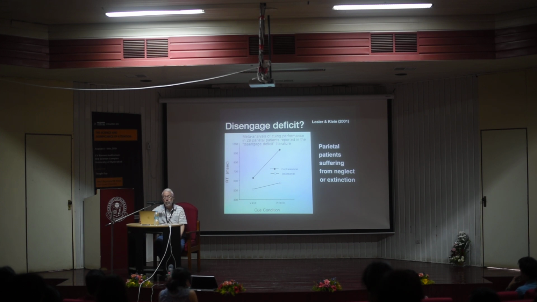So in a Posner cueing paradigm, the disengaged deficit in neglect patients is shown by this incredibly bigger cueing effect for contralesional targets.